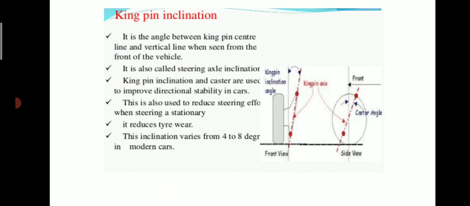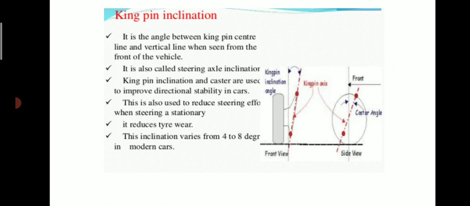Let us see the meaning of kingpin inclination, KPI. It is the angle between the kingpin center line and the vertical line when seen from the front of the vehicle. It is also called steering axis inclination, SAI. Kingpin inclination and caster are used to improve the directional stability in a car.